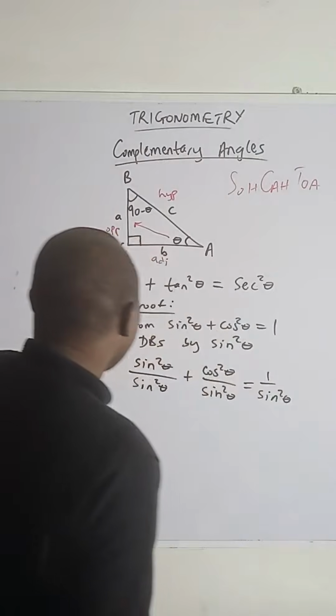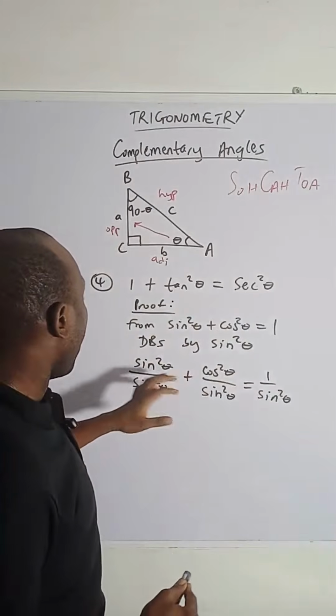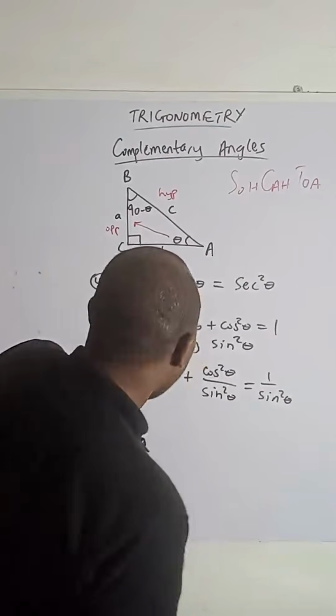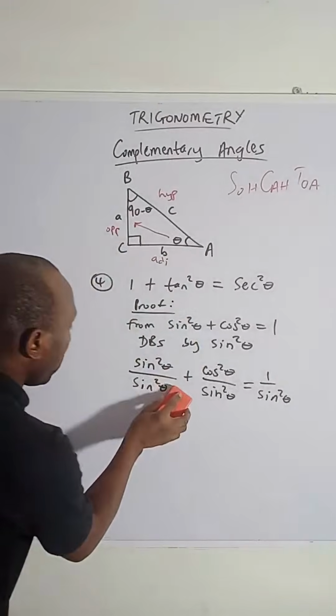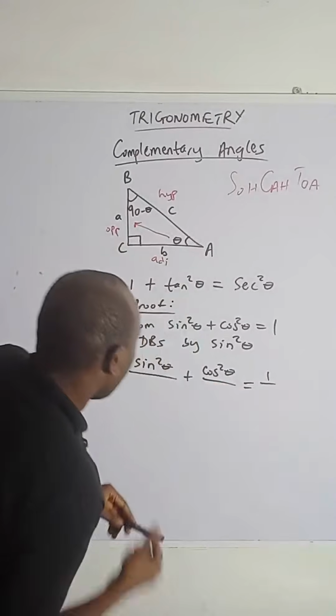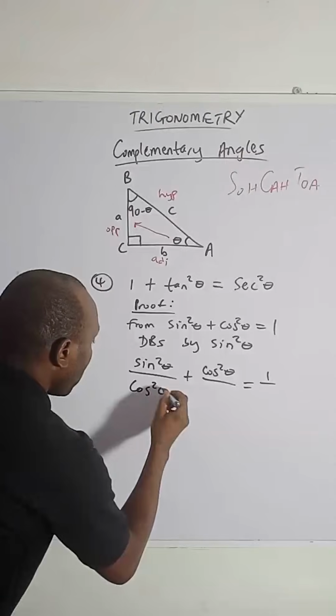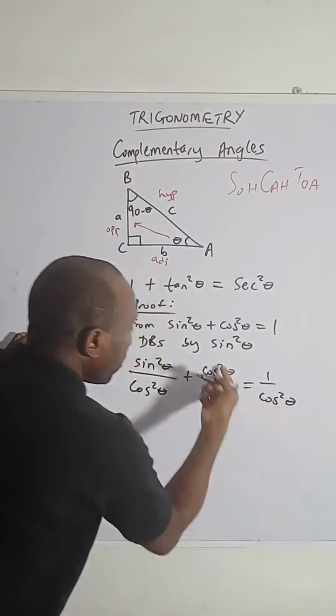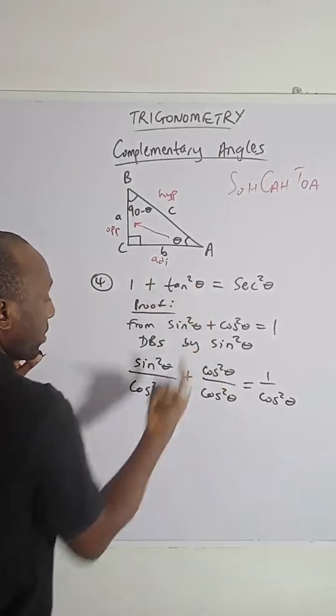Divide through by what? By sine square theta. Oh, I'm going to have, okay. Let's divide through by what? Let's divide through by cos square theta. Thank you. So divide through by cos square theta. Yes, that's true. Because if you do it here, you will not get tan square theta.